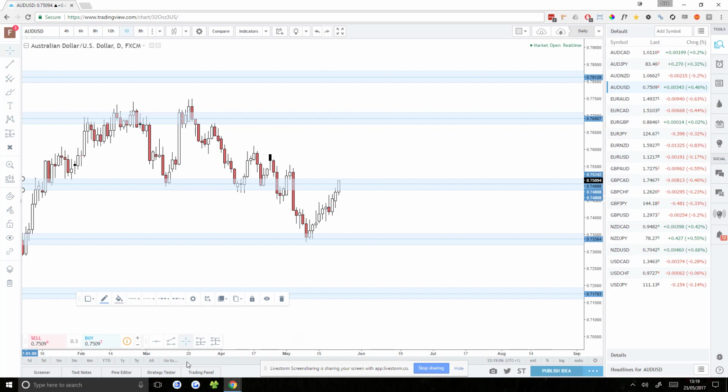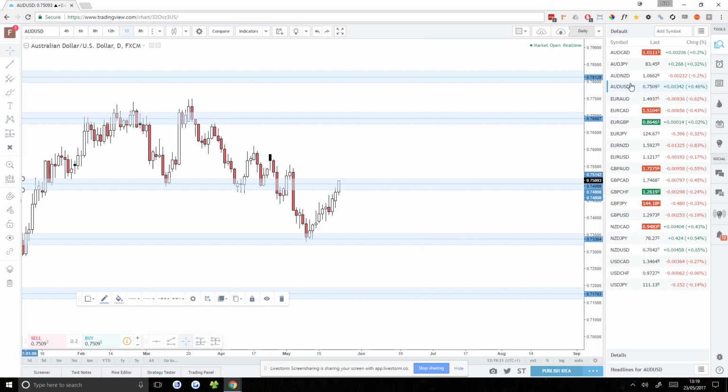So this could give us a very good trade either way. We could get a reversal this way, could get a continuation like this. So we just have to wait and see how it plays out. But this is a strong area and there's a lot of potential here. So keep a very close eye on this one, guys. 0.7500, close eye on it.